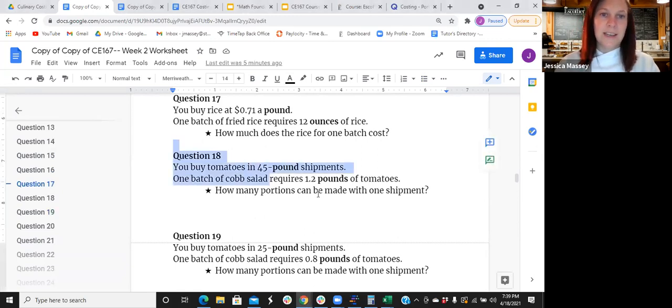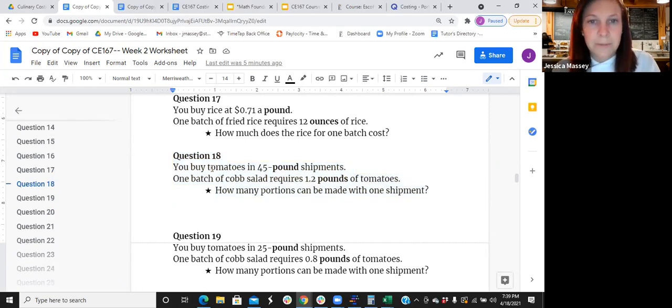Let's try number 18 here. So we got tomatoes for words. You buy tomatoes in 45-pound shipments. One batch of Cobb salad requires 1.2 pounds of tomatoes. That's a big salad. How many portions can be made with one shipment? I can't even imagine that many tomatoes on a salad.